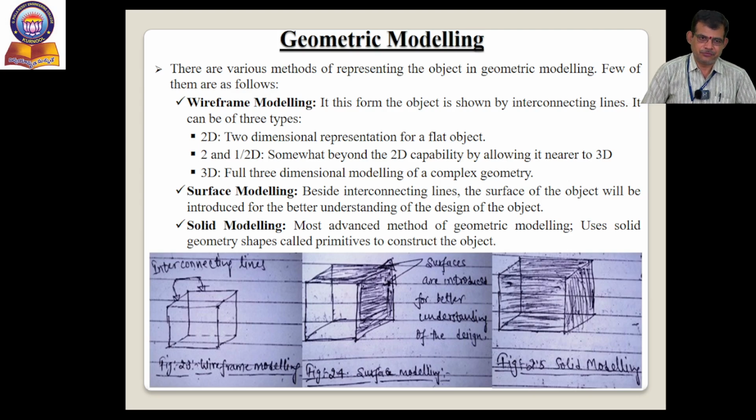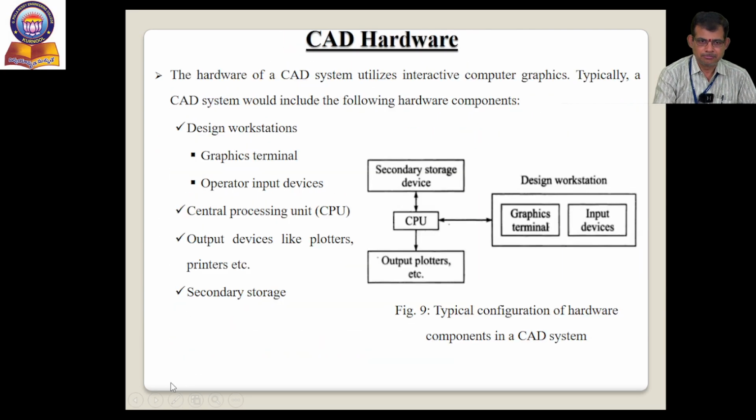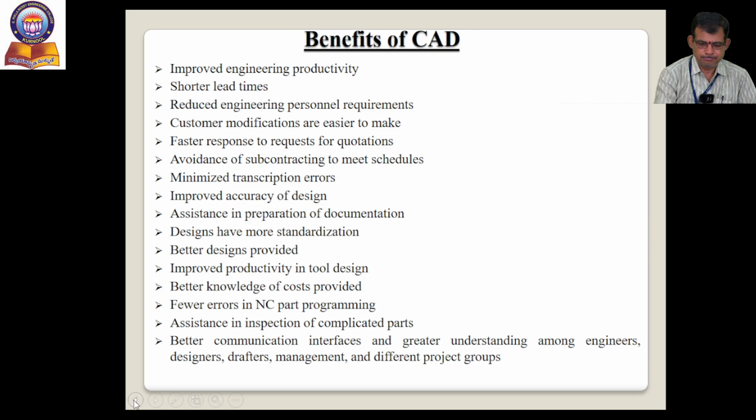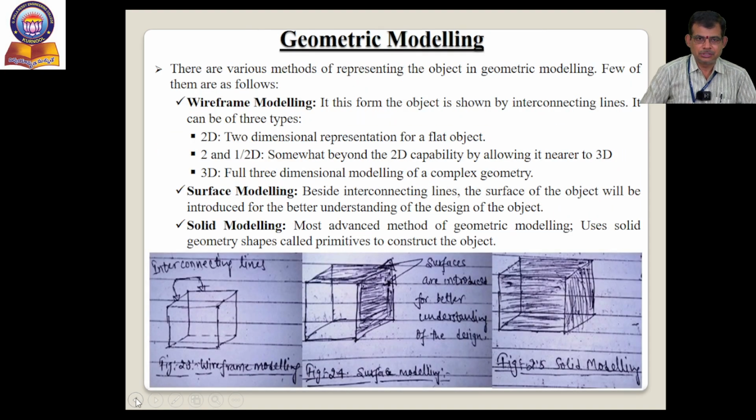What is this wireframe modeling? If you see the first diagram on the screen, in this form the object is shown by interconnecting lines. No solid information appears on the object.